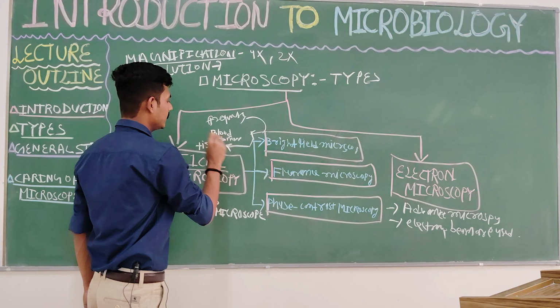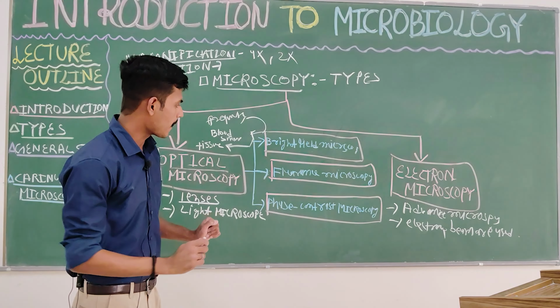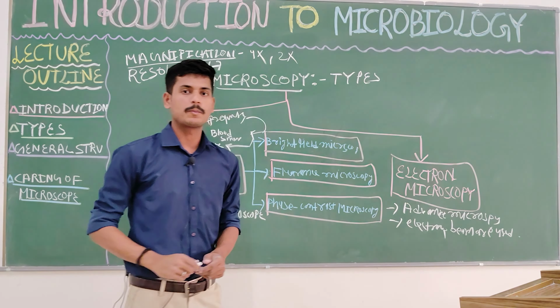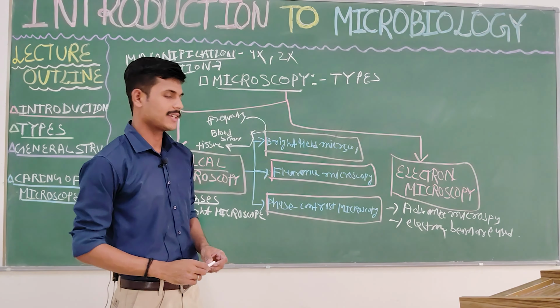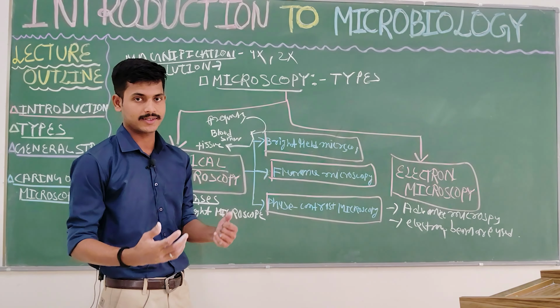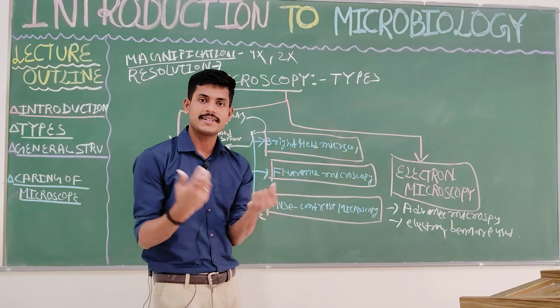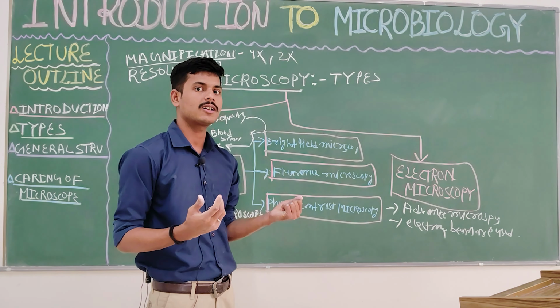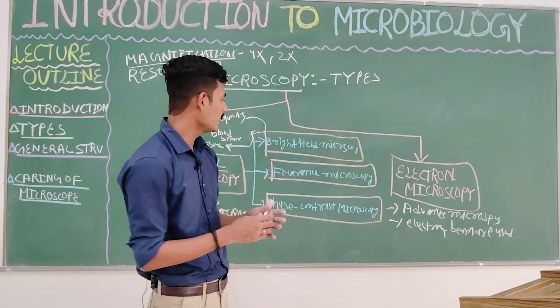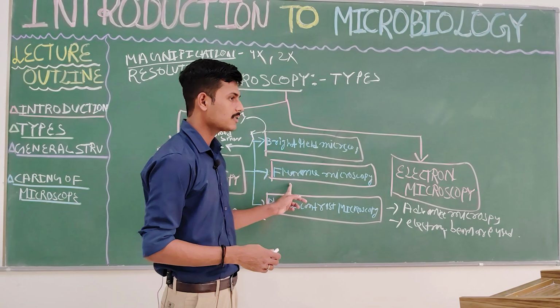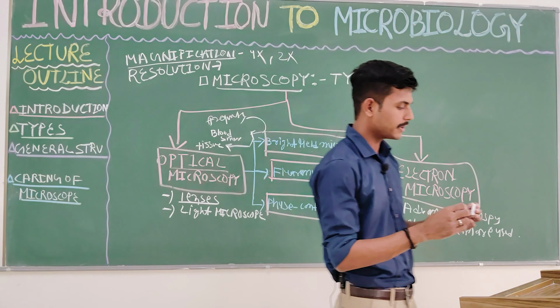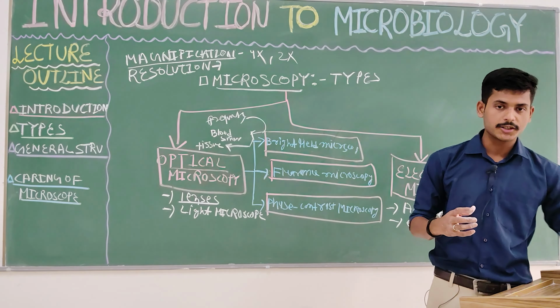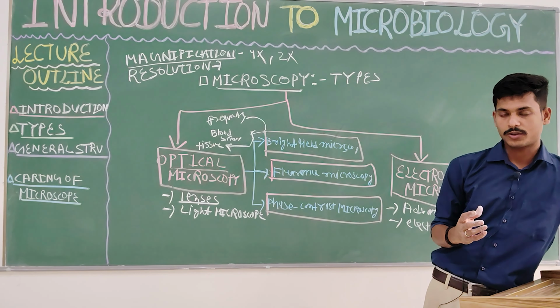Now, fluorescence microscopes are utilized in the study of immunofluorescence, like antibody-antigen reaction. You have probably heard about the ELISA test. Fluorescence microscopy basically means observing living tissue without staining.